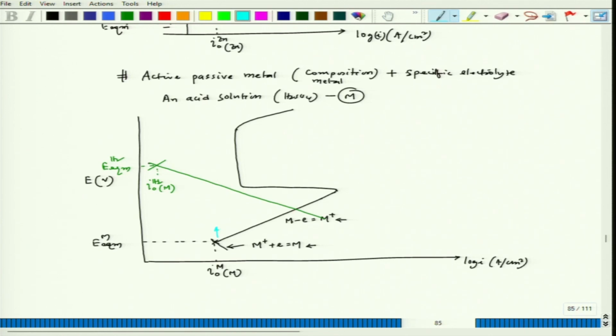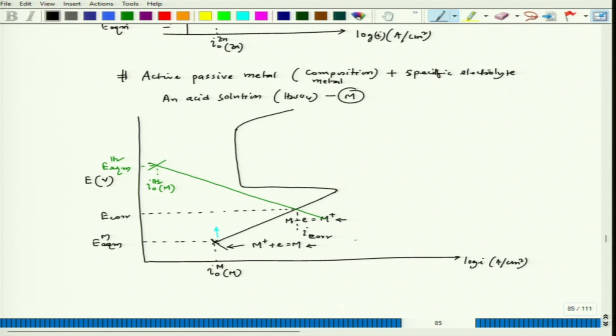But we know as per mixed potential theory, if the cathodic reaction and corresponding polarization interacts with this anodic polarization part in the active zone, then that will be my E core. So, the E core here corresponds to this very point, and I core would be this one.